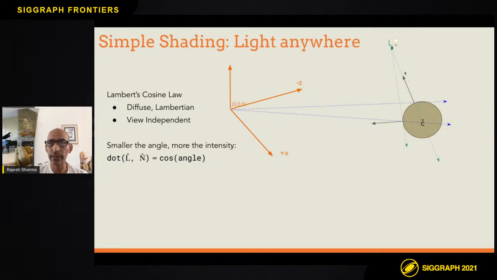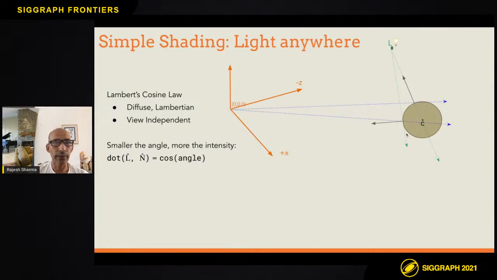So in this particular case, you would see that this normal is almost parallel to the vector from the light. So this part is going to be the brightest. And as you go away from the light, the angle starts decreasing, and you'll get less and less light here.